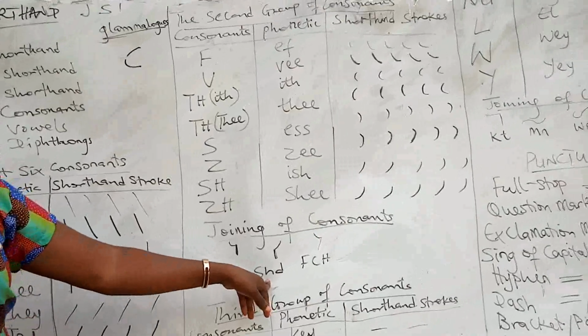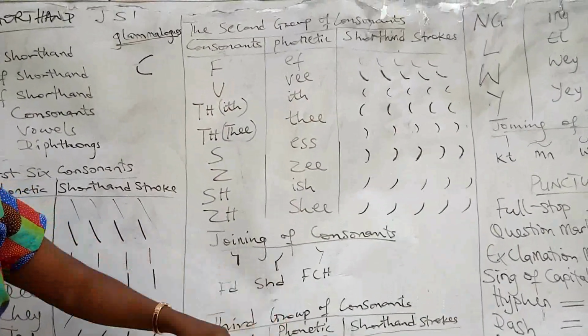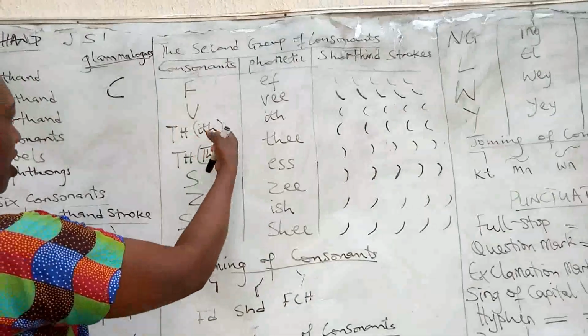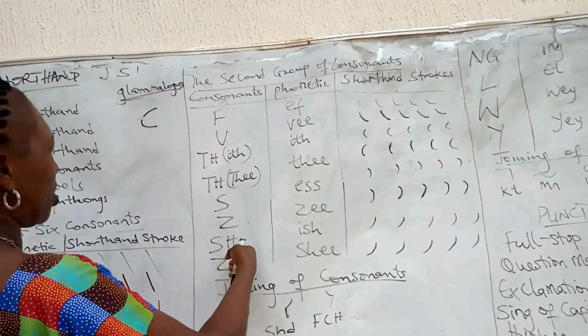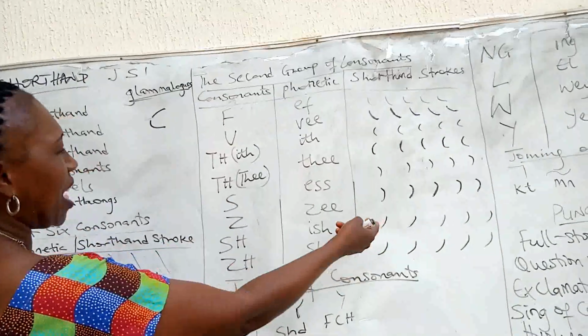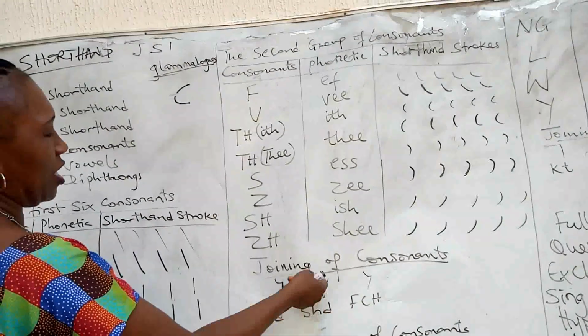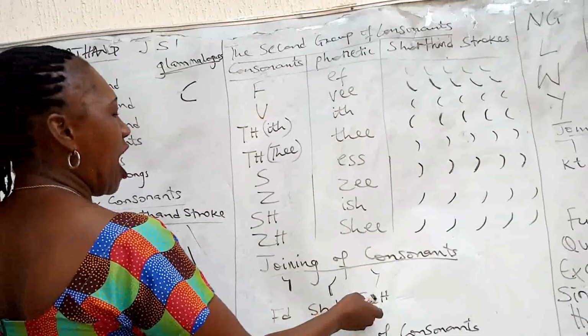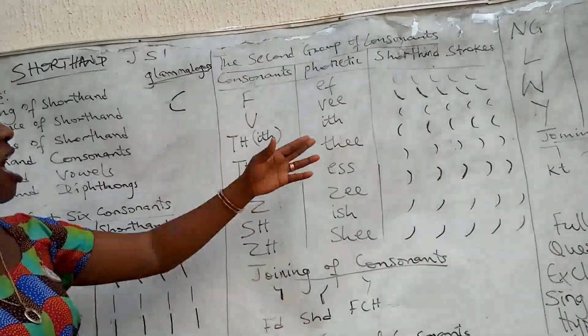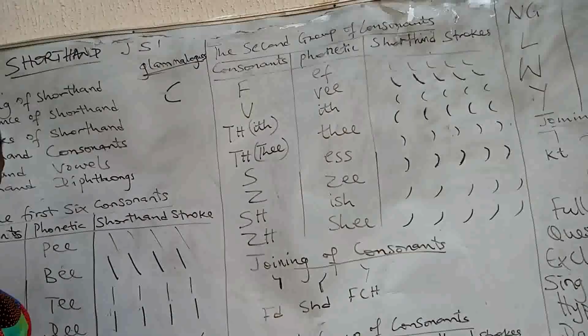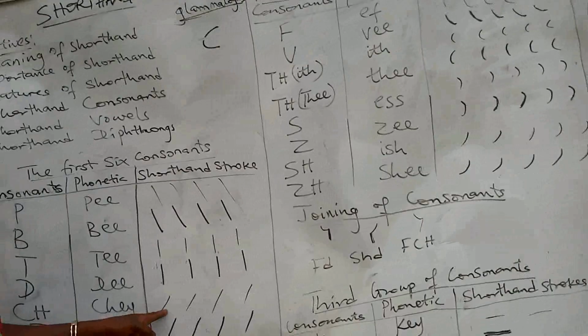Then SH and D. SH, we have it light, I cover it, then with D, deep. Then FCH, F, light, CH from the first consonant, light.